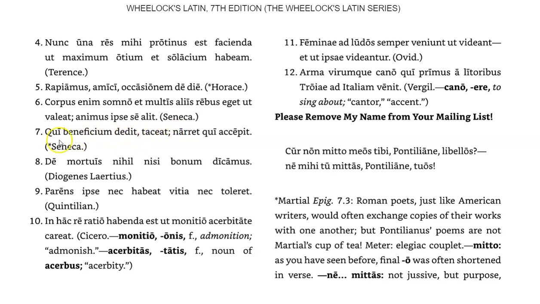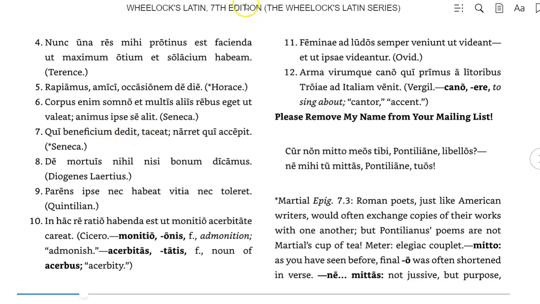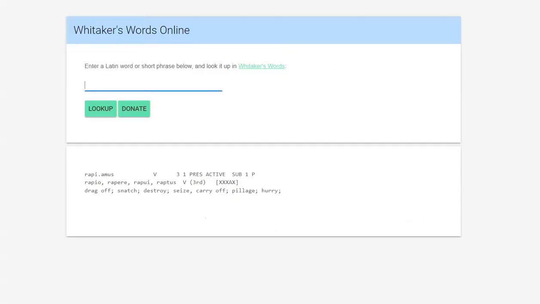But I think we need to follow the advice given in Wheelock, and let's go back to let as the key idea here. So dedit, so if we go back to do, dare, dedi, datum, let's walk through some of this here.